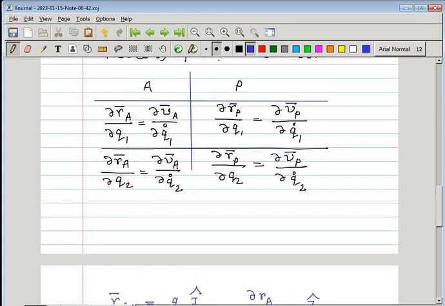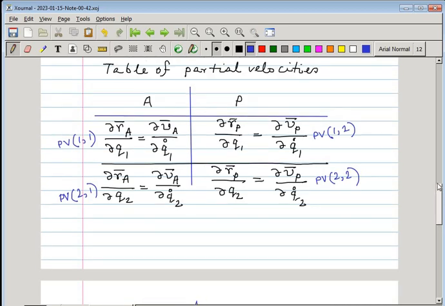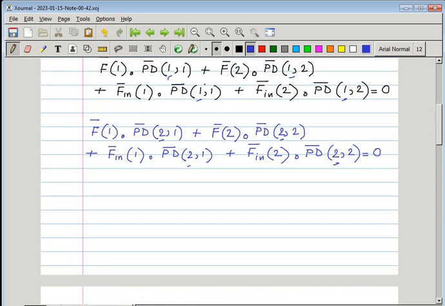So if we call it partial velocity 1 1, partial velocity 1 2, partial velocity 2 1, partial velocity 2 2, then the same expression, equation 1, equation 2, only this PD has to be replaced by PV.